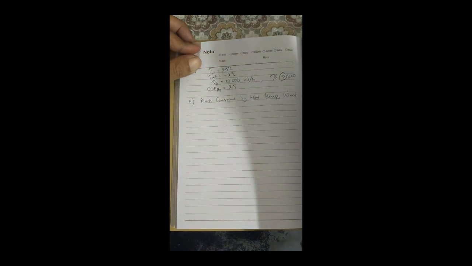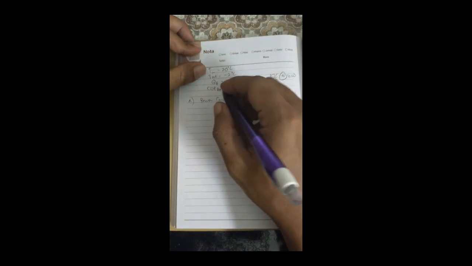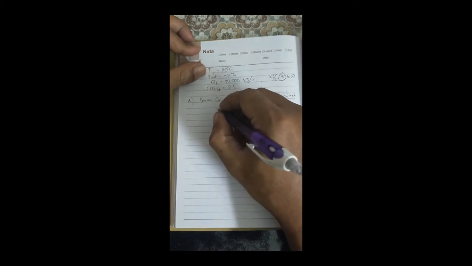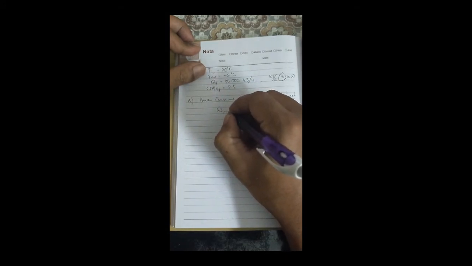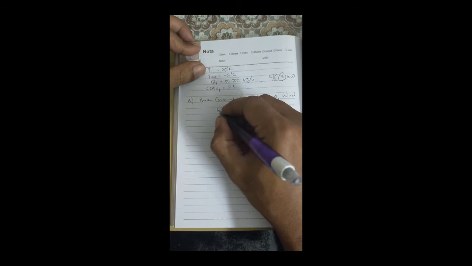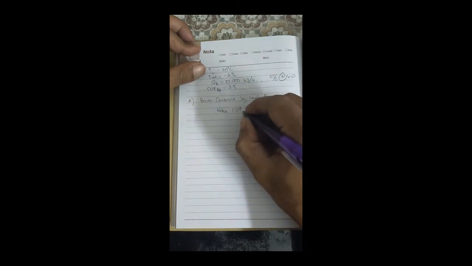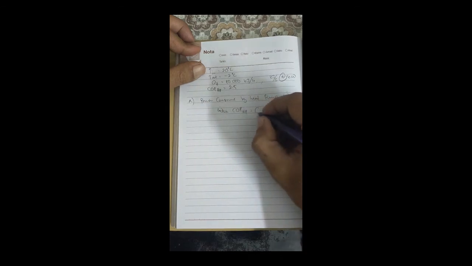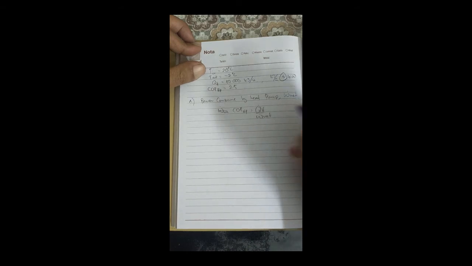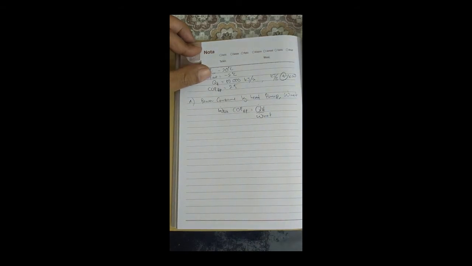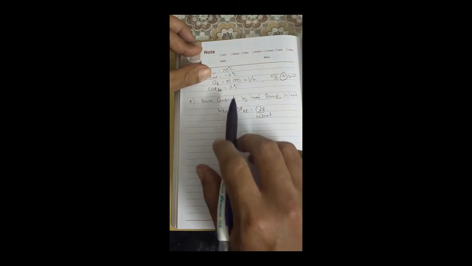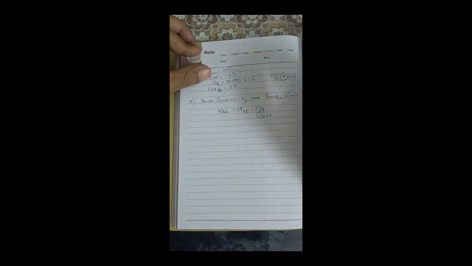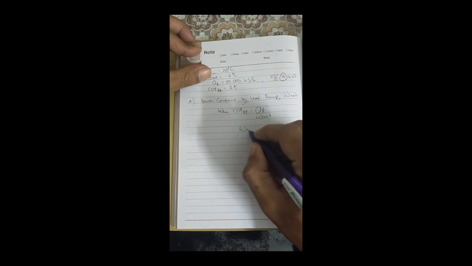The COP of the heat pump is Q hot over work net. So we have COP and Q hot, so we can get work net.